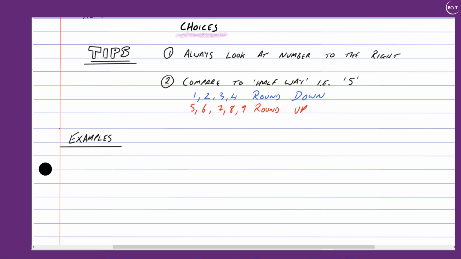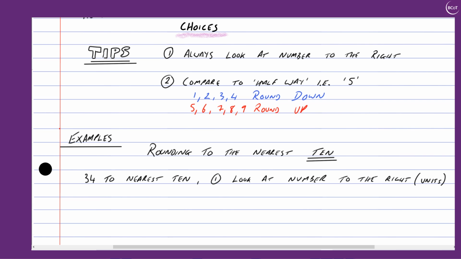So some examples. Rounding to the nearest 10, you may get asked these questions. 34 to the nearest 10. Well, like we said earlier, if we're rounding to the nearest 10, we need to look at the number to the right, which is the units column. And then we compare it with 5.